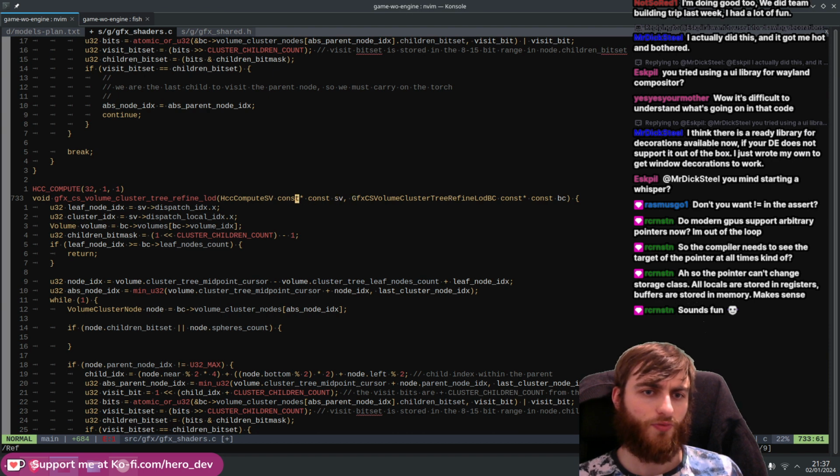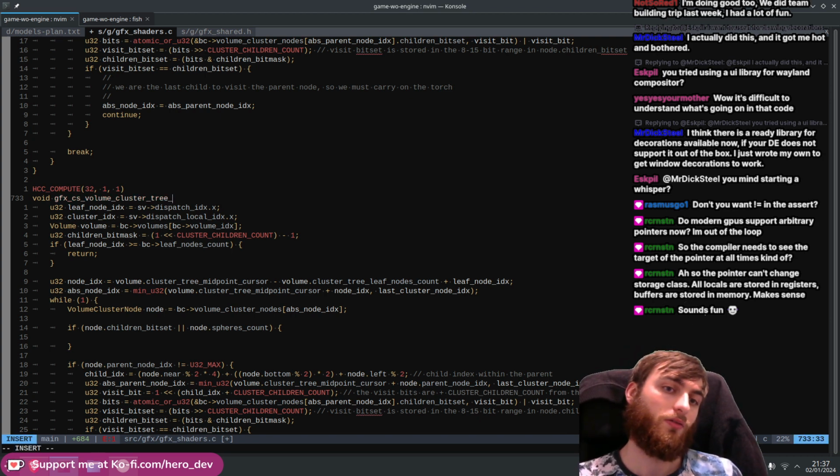Yes, it's not refine, it's more like, so essentially you want to do a final copy of the nodes into their persistent space, right? So copy to persistent.